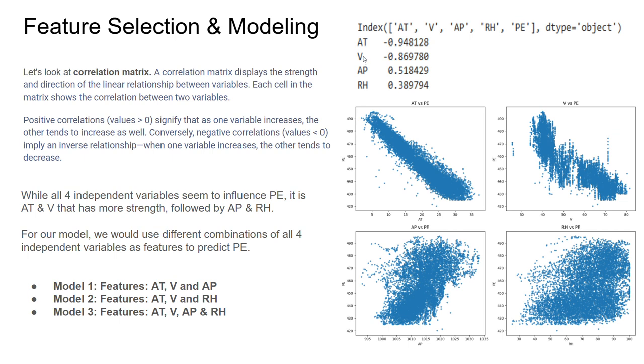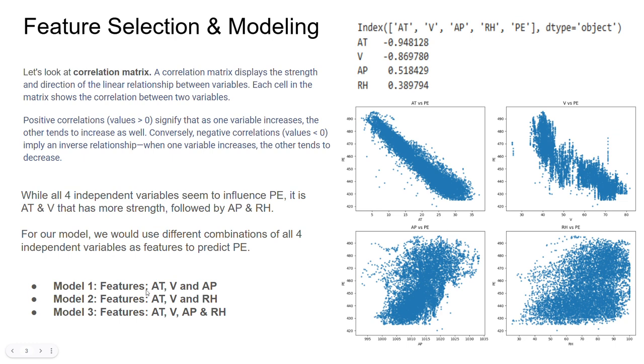What we would do is we would be building a linear regression model, and this is what I'm planning to do. Given the ambient temperature and exhaust vacuum having a higher strength and a negative relation, I'm going to use that mandatorily. So the model one, it's the same algorithm, multiple linear regression.